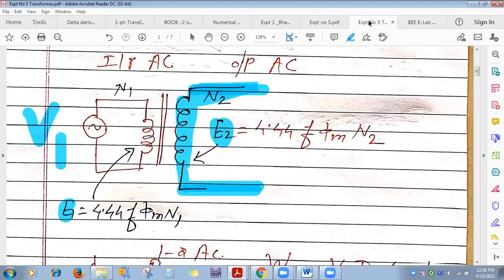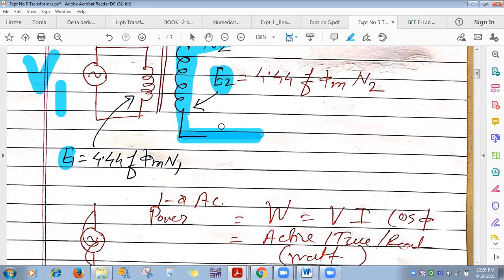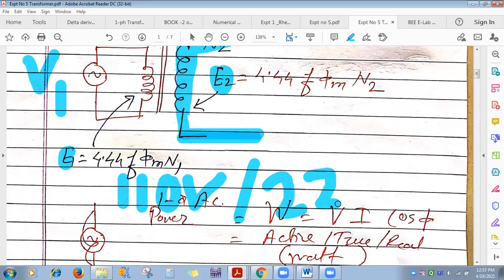We have seen a number of times that although no load is connected across the secondary, EMF gets induced in it, and that is E2. This transformer specification we have seen: 110 volt / 220 volt. This voltage you will get at no load.